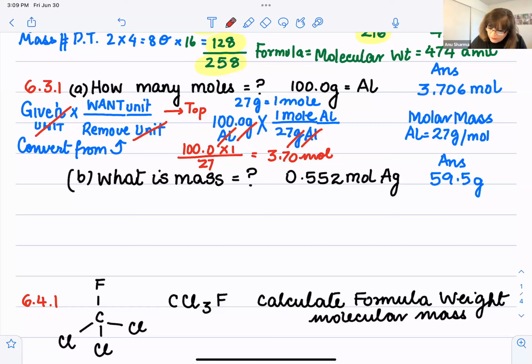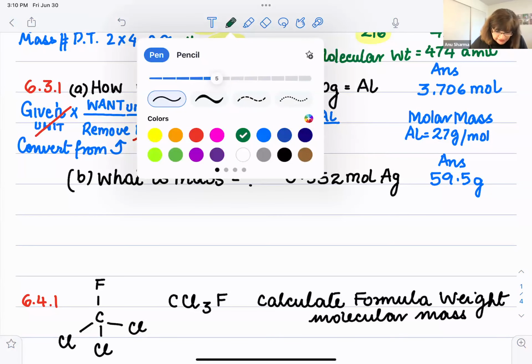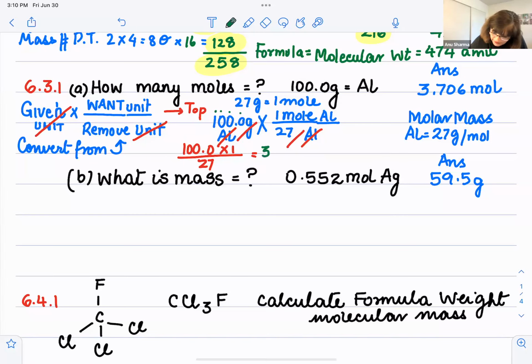But if you really want to look into the significant figures, we can look at it this way. We have 4 significant figures here: 1, 2, 3, 4. So the answer we get is 3.7037, which can be made into 3.7.